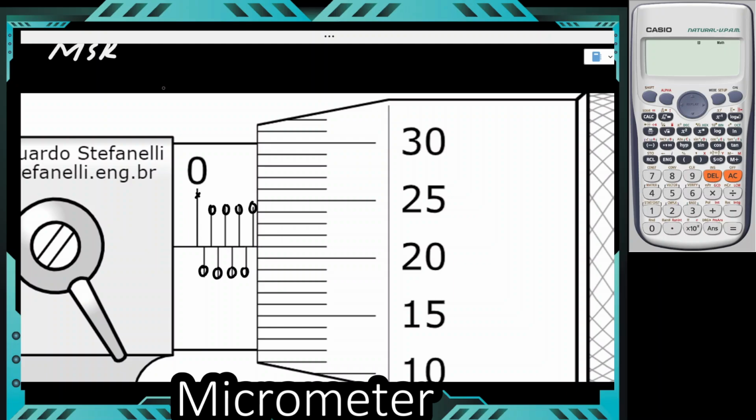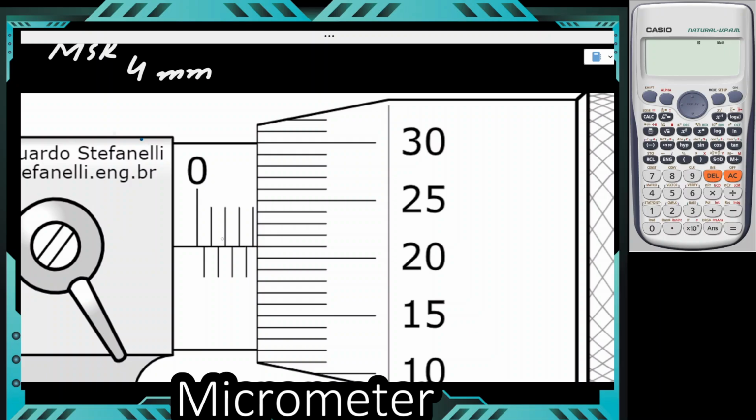So we have 4 lines completely covered on the main scale. So the reading on the main scale is 4 millimeters. If you want to write it as 4.0, you can. The reading on the main scale is 4 millimeters.